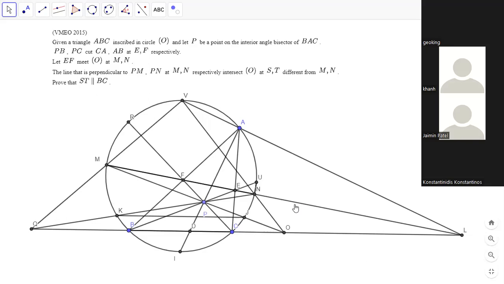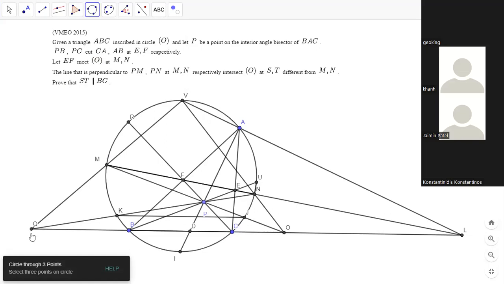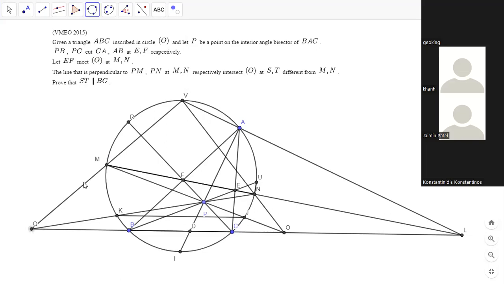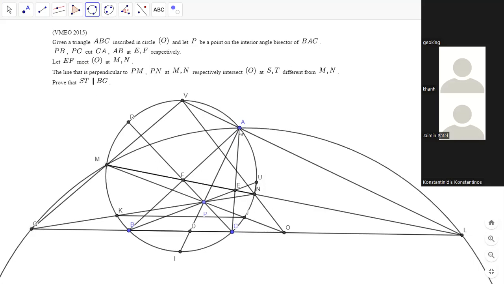I think it would be an angle chase to show that QMAL is cyclic, once we know that QM and V are collinear. I think it is the Miquel point. Yes, Miquel point theorem, since A will be the Miquel point of M, N, O, Q. Oh, I see.